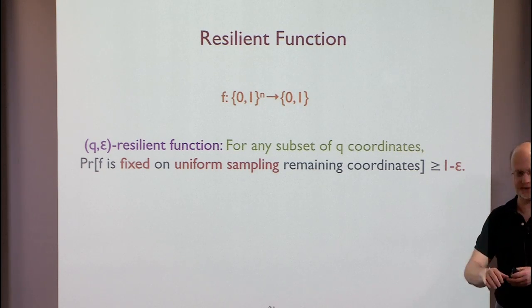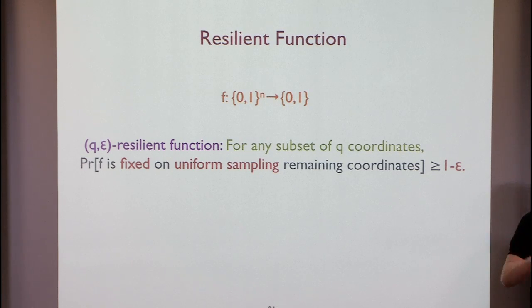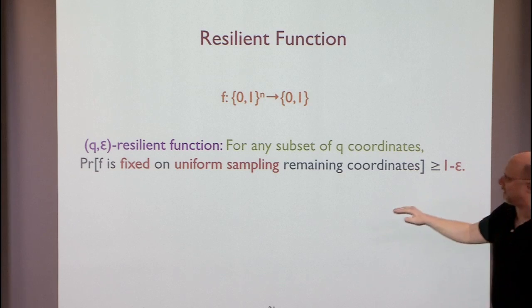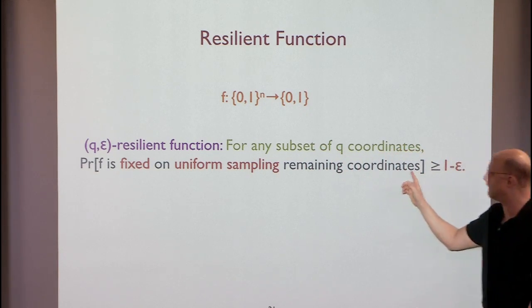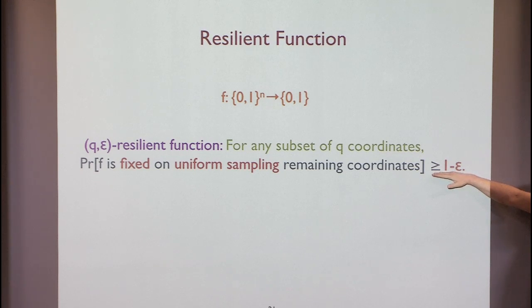So what we'd like is this function to be fixed when all of the remaining coordinates are chosen uniformly at random. Then the adversary no longer has any power. So that's what this is. It says the probability that the function is fixed on uniformly sampling the remaining coordinates should be very large. So the adversary's influence is epsilon.